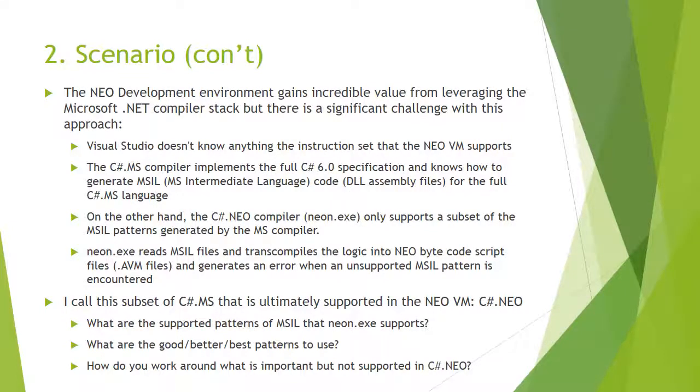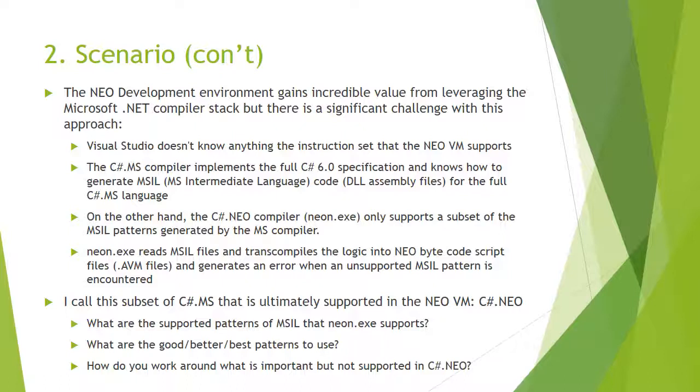The thing to note is that particular flow gains incredible value from leveraging the Microsoft .NET compiler stack, but there's also a significant challenge using this approach. First of all, Visual Studio doesn't know anything about the instruction set that the VM supports, nor does the Microsoft C# compiler.